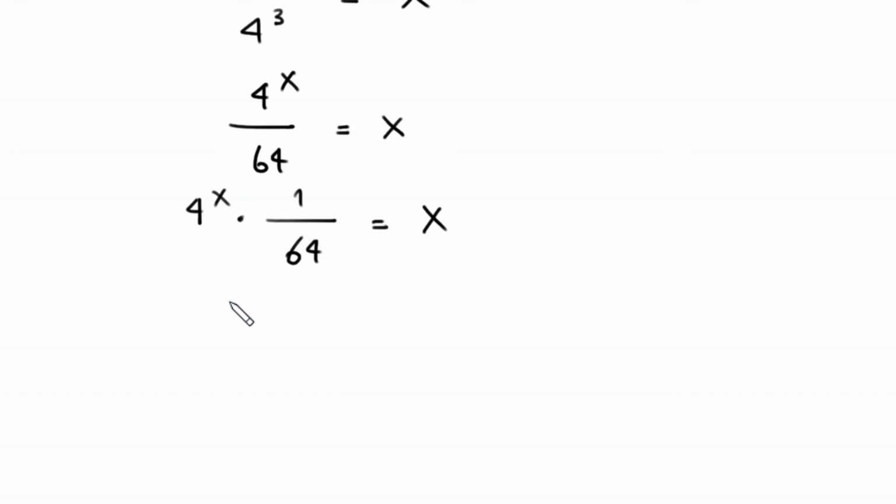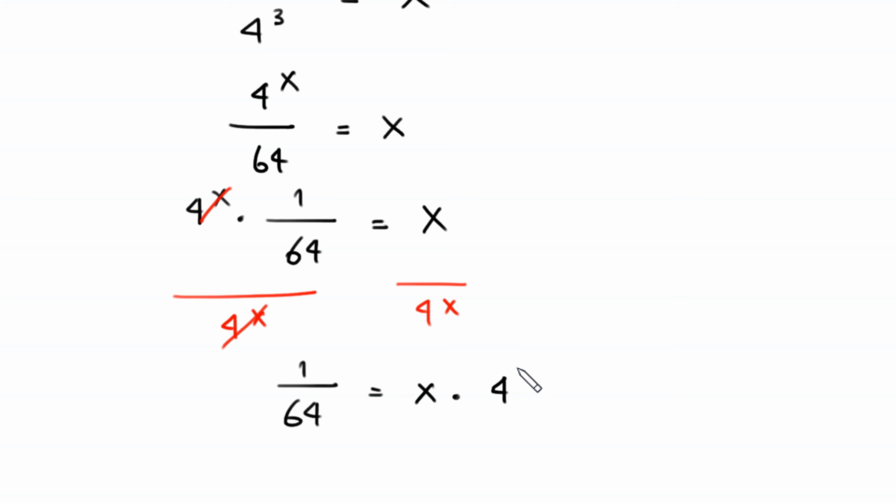From here we divide both sides by 4 to the power x. So this 4 to the power x will be cancelled out with this 4 to the power x, and at left hand side we are left with 1 over 64 equal to this x over 4 to the power x, which can be written as x times 4 to the power negative x.